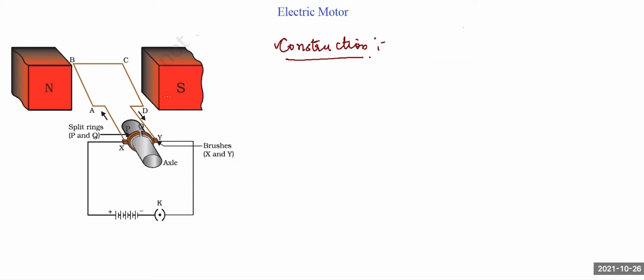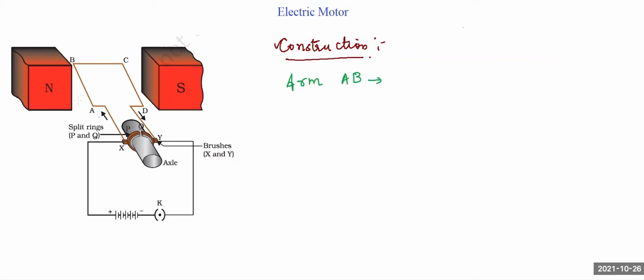So the current in the coil ABCD enters from the source battery through the conducting brush X, flows through the coil and back to the battery through the conducting brush Y. Let's consider arm AB for now.